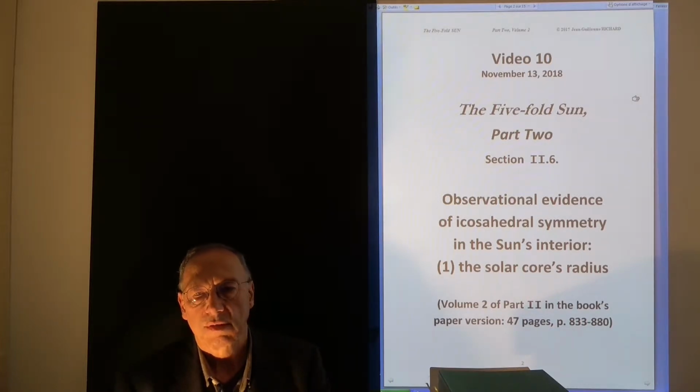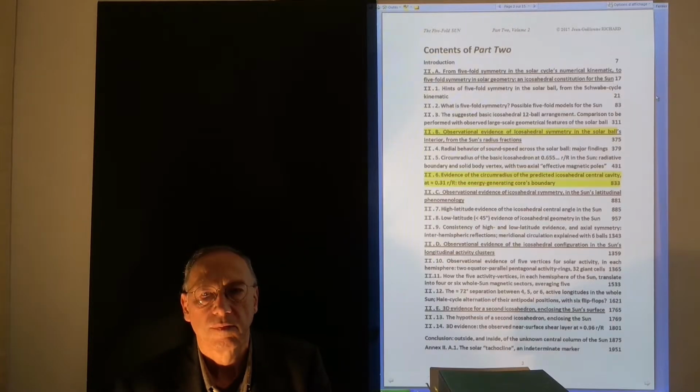The second part of this investigation will deal with a larger region of the inside of the solar ball, which is predicted in case of an icosahedral symmetry at a radius of 0.655 radius fraction of the solar photospheric radius.